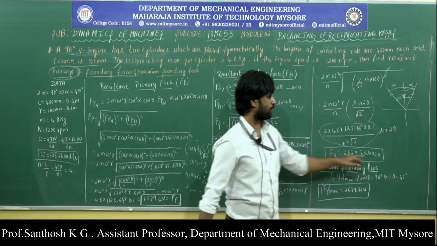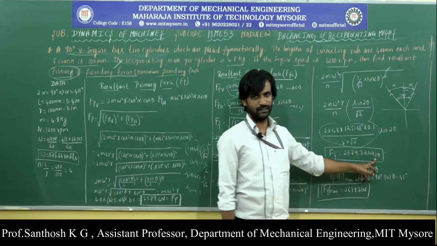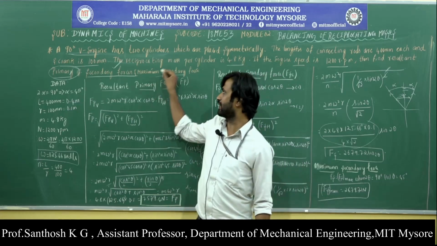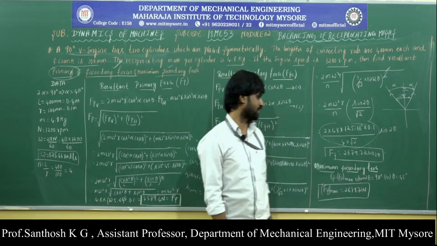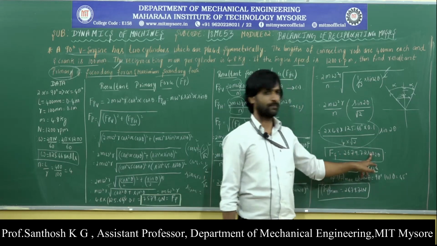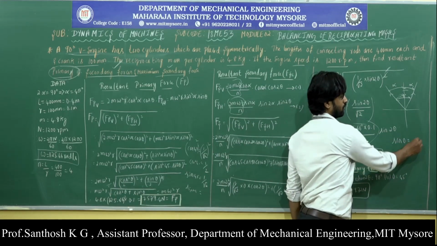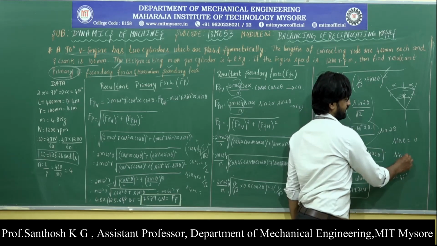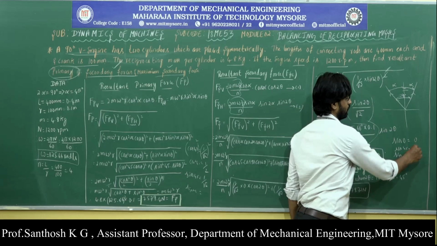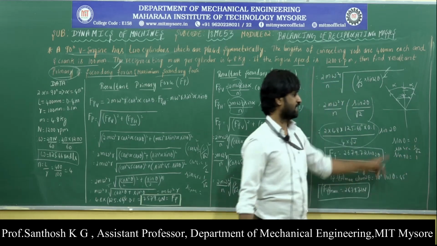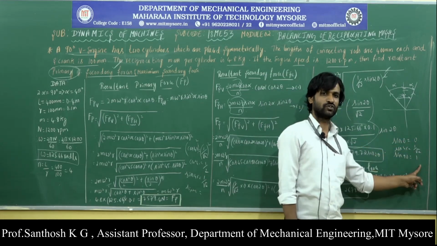So here the value of Fs depends upon theta. At last we need to determine the maximum secondary force. Since Fs depends upon sine, we know that sine 0 is equal to 0, sine 90 is equal to 1, and in place of sine 45 we will have 1 by root 2. So the sine will always vary between 0 and 1.